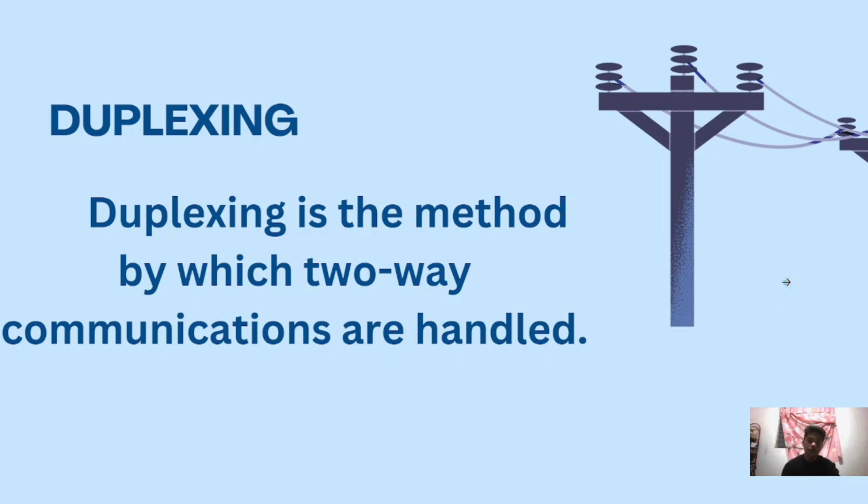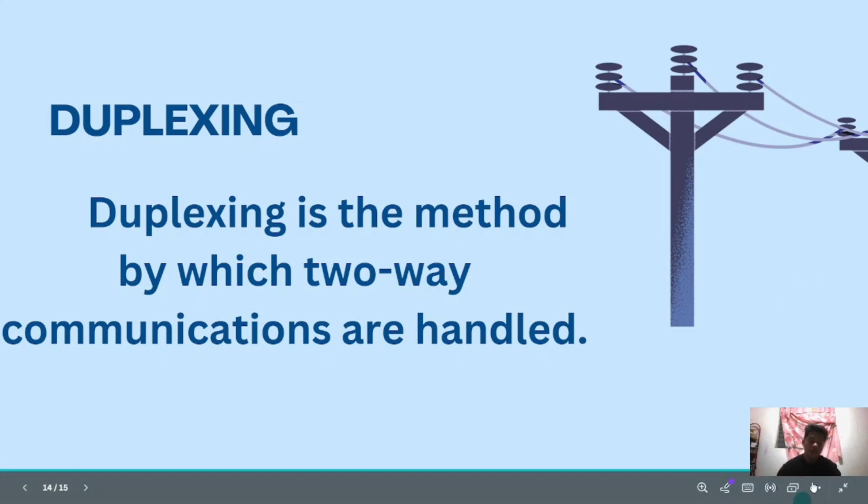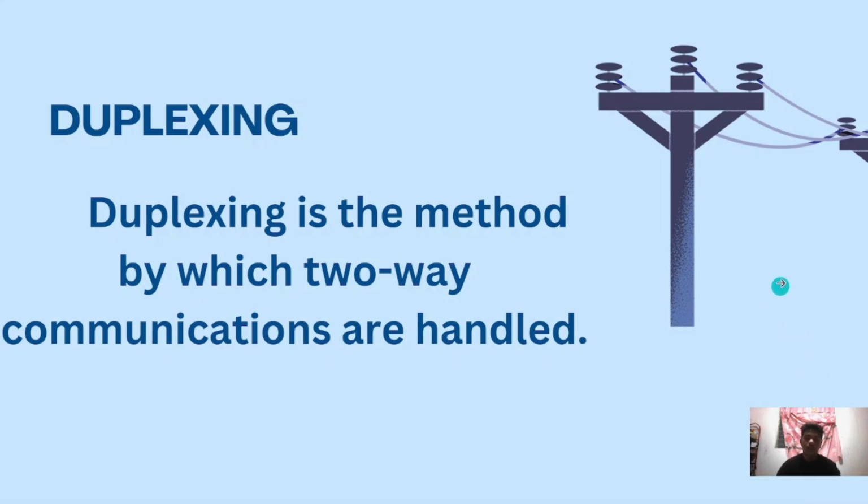So we have first is printing. Duplexing, also known as double-sided printing, is the process of printing on both sides of a sheet of paper. So there are two ways to duplex.